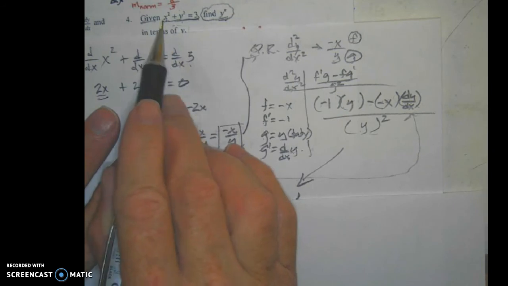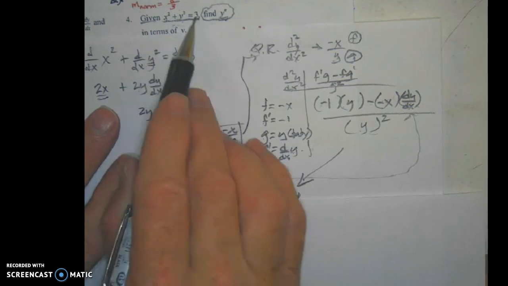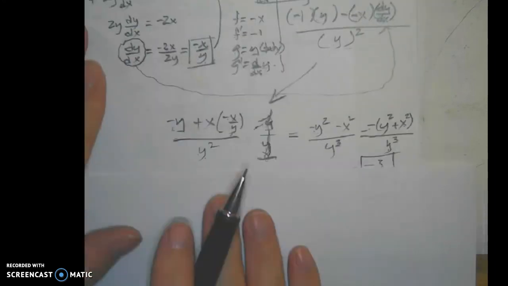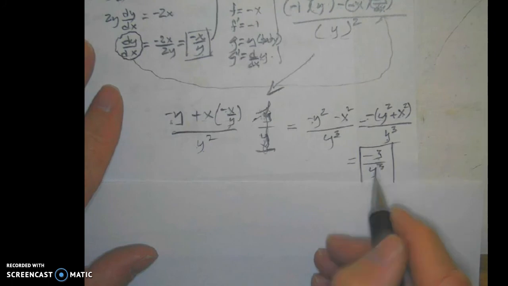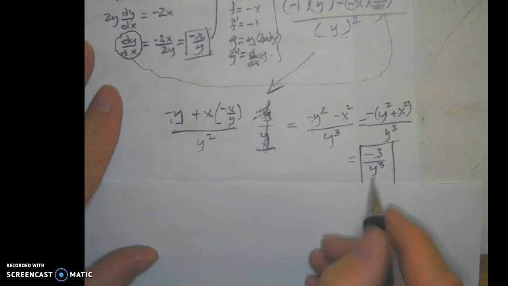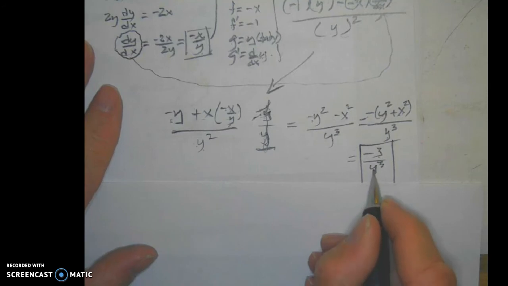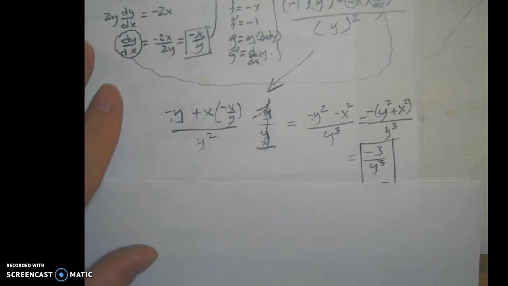Well, we know that y squared plus x squared is equal to 3. So now we can replace y squared and x squared with a 3. And that's your final answer. Notice our final answer is in terms of y. There's no x involved. And that's why they say your final second derivative has to be in terms of y.